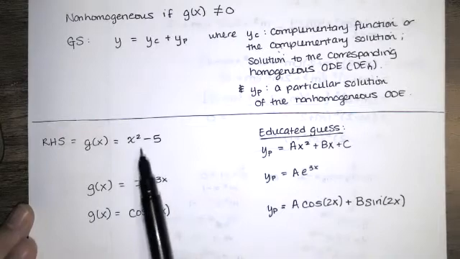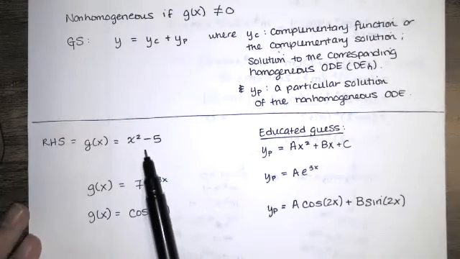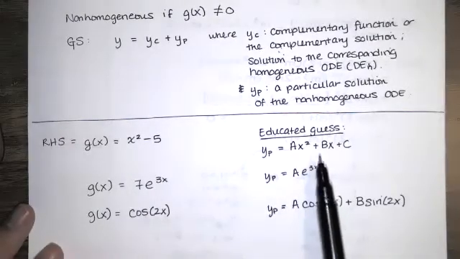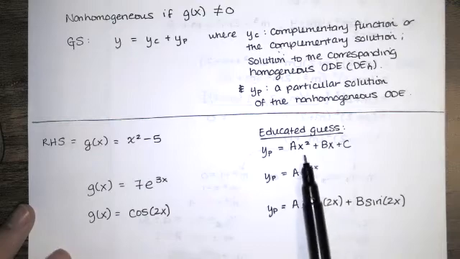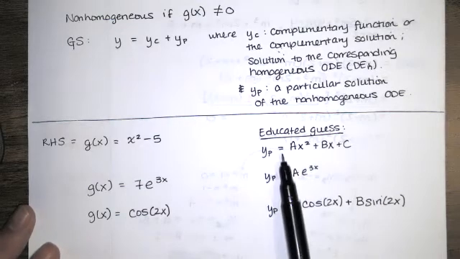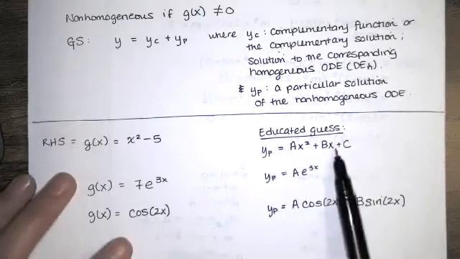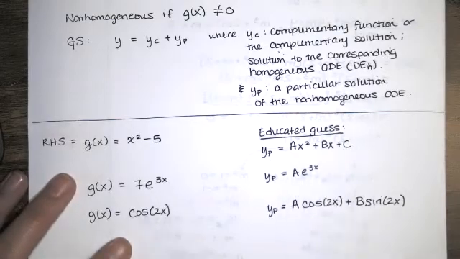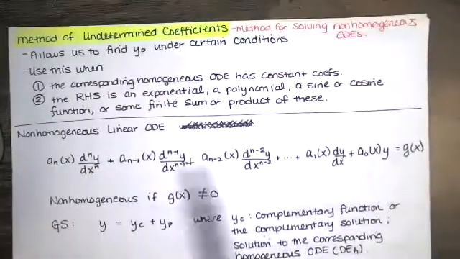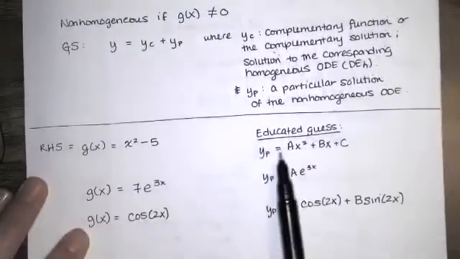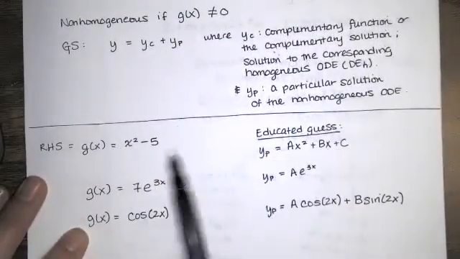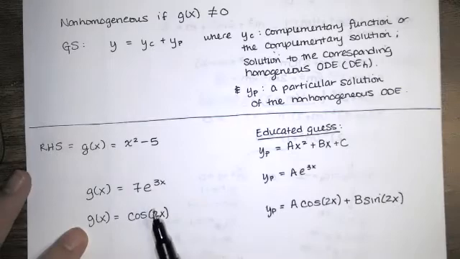If the right-hand side is a second degree polynomial, derivatives of a second degree polynomial are just lower degree polynomials. If I take this function and its derivatives, and I multiply them by constants, and I add them together, for the right choices of a, b, and c, I could get this second degree polynomial back.